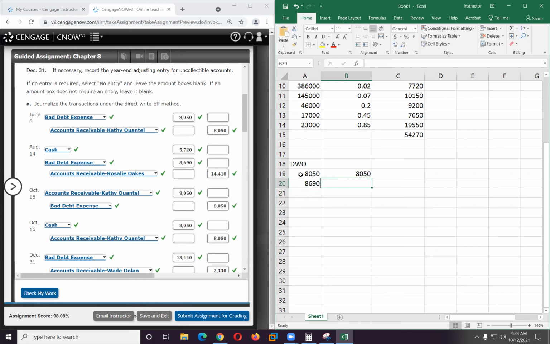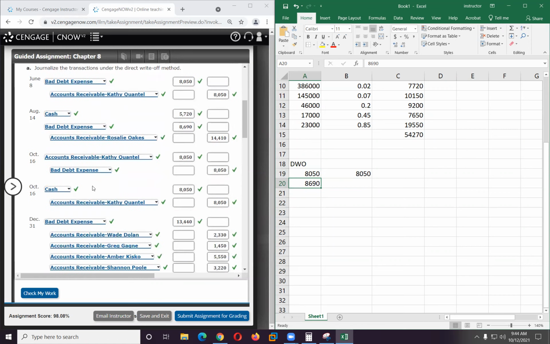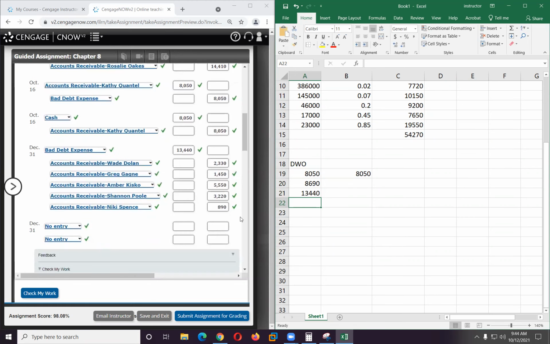So I debited the expense of 8,050, debited the expense 8,690, credited 8,050, and then debited 13,440. So under the direct write-off method, my total expense for the year was 22,130.